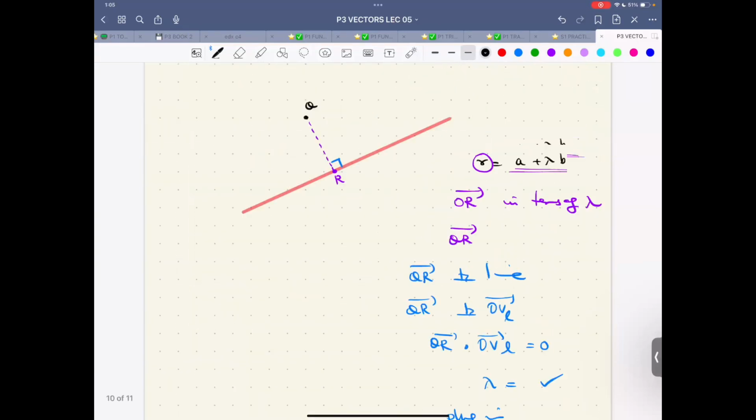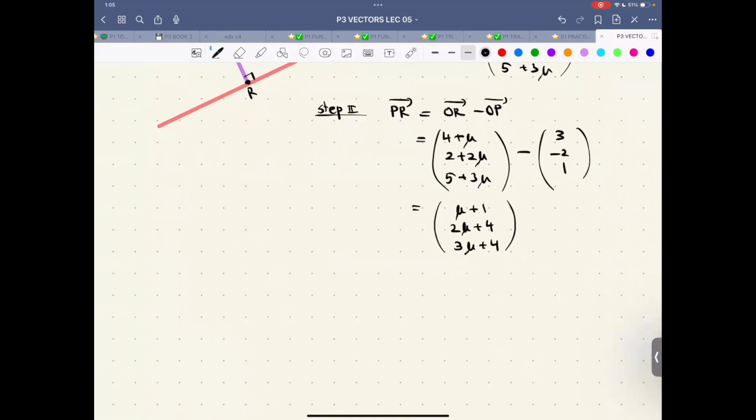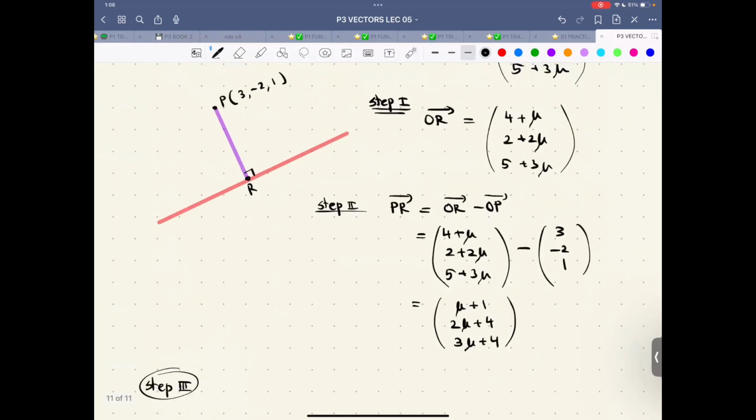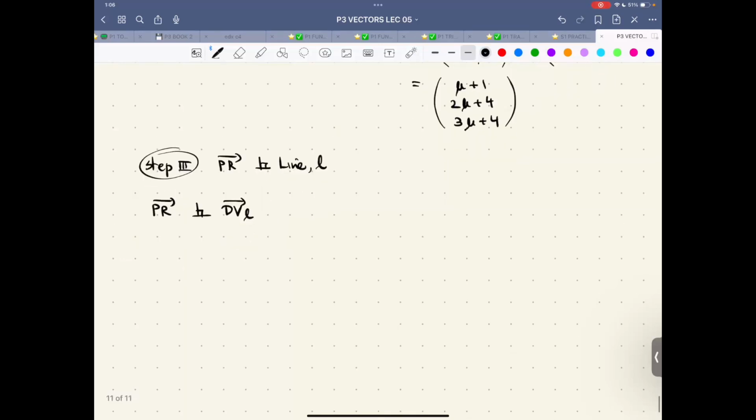Now, what is the third step? The third step is perpendicularity. So let me write over here. Step number 3. That is PR is perpendicular to line L. PR is perpendicular to direction vector of line L. PR dot product with direction vector of line L should equal 0.